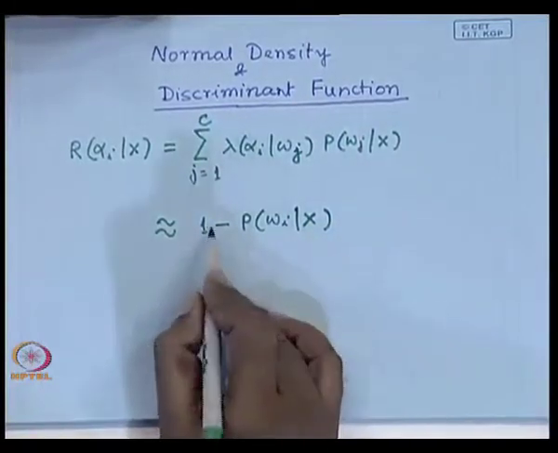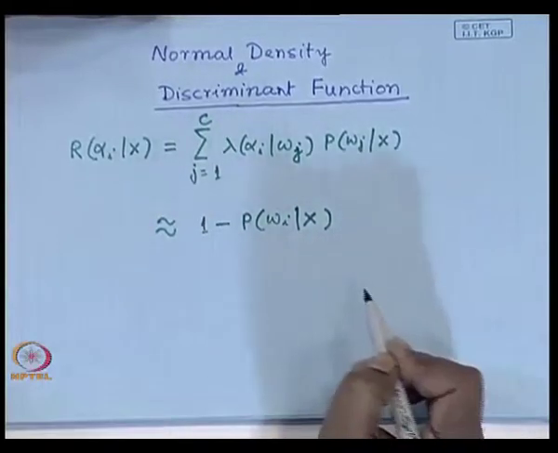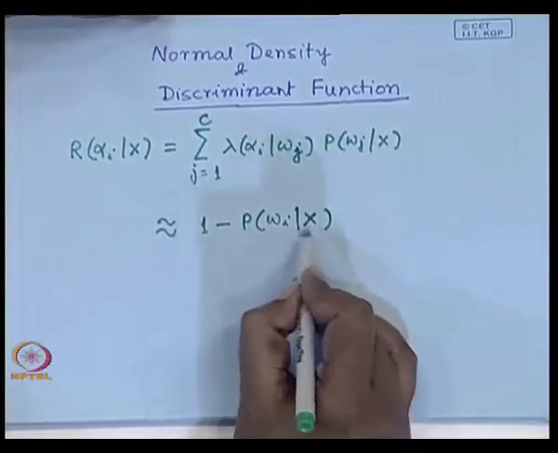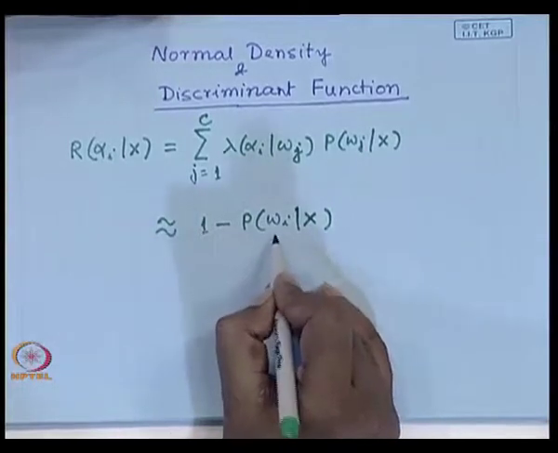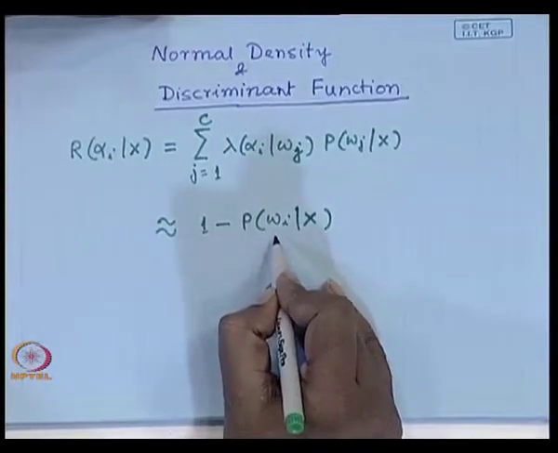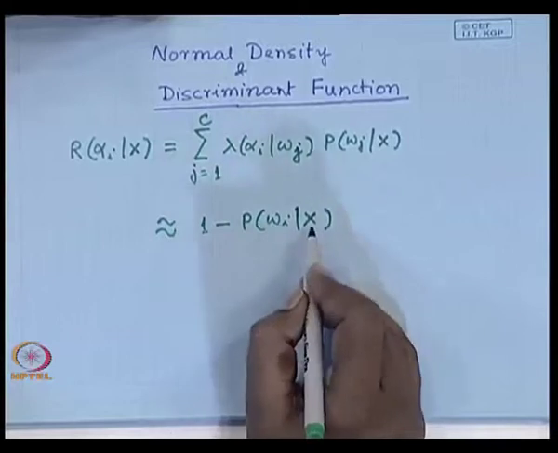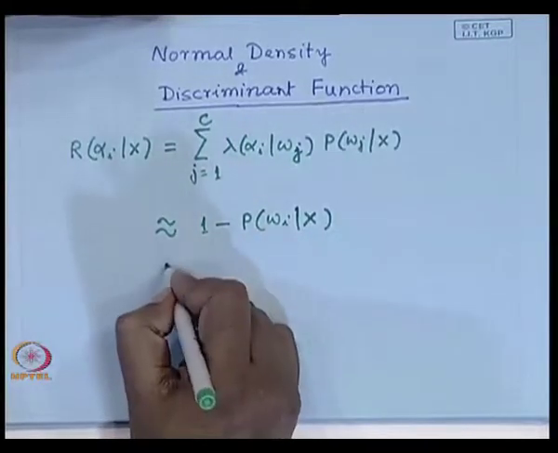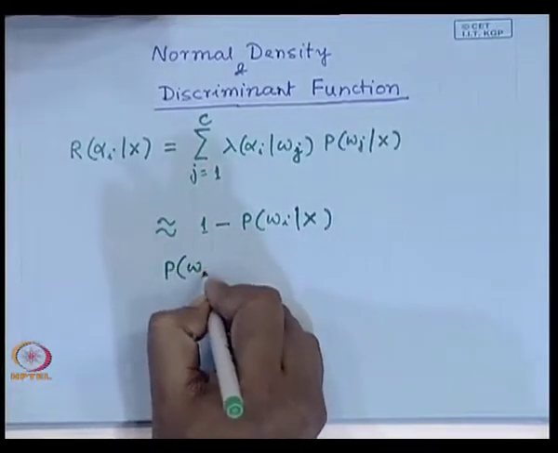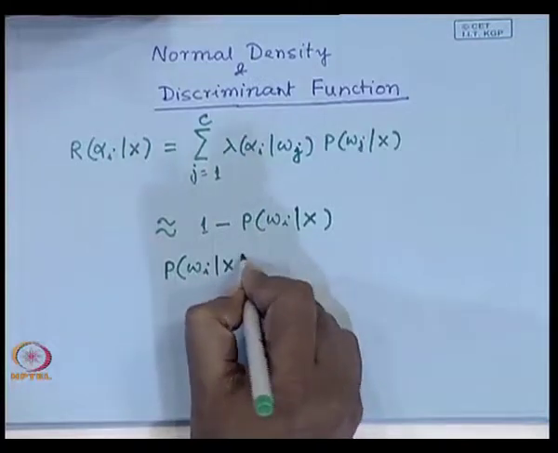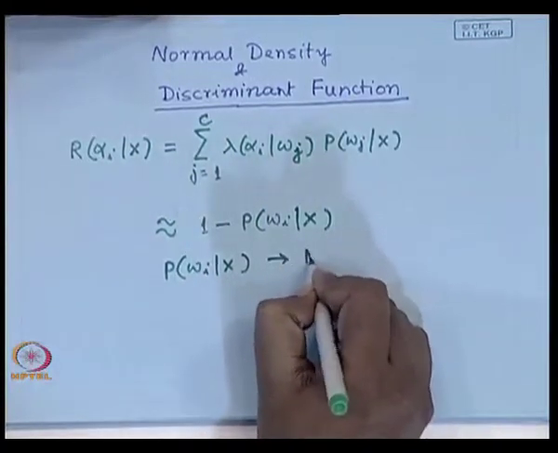Okay. So, when this is minimum, we have to put x in the corresponding class omega I. And as this has to be minimum, correspondingly what we get is this probability p of omega I given x has to be maximum.